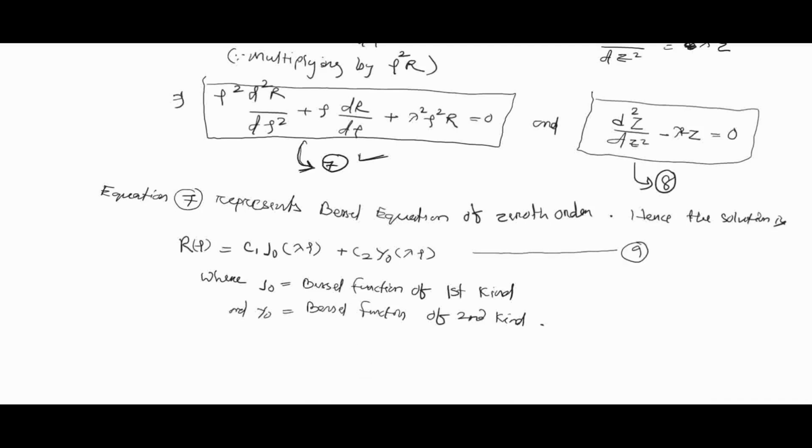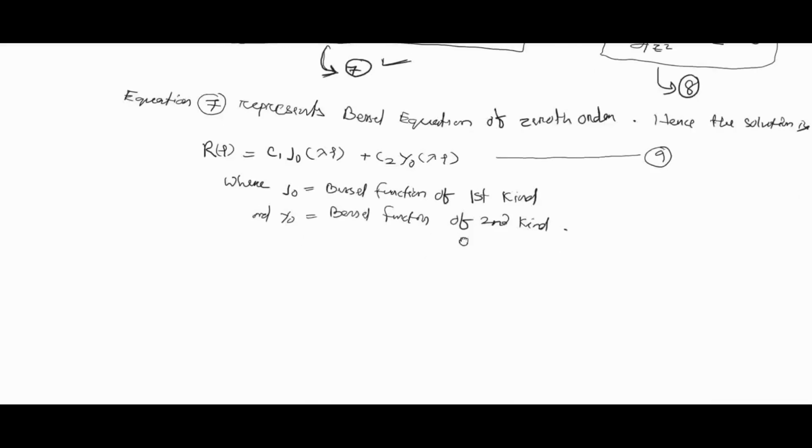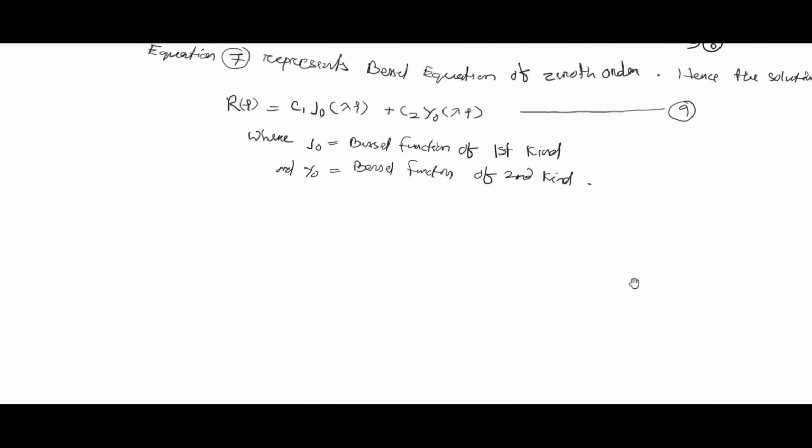Now, one thing we know: when the radius is very small, almost 0, in that case Y0 will tend to minus infinity.